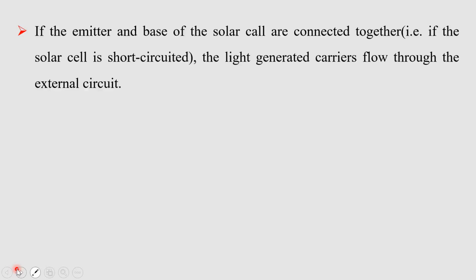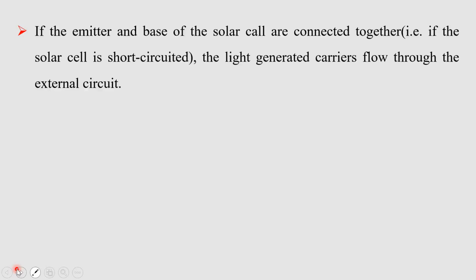There are two types of circuits in use for solar cells, open circuit and short circuit. So the second process is the generation of light generated current. The current of a solar cell is generated by these two processes.